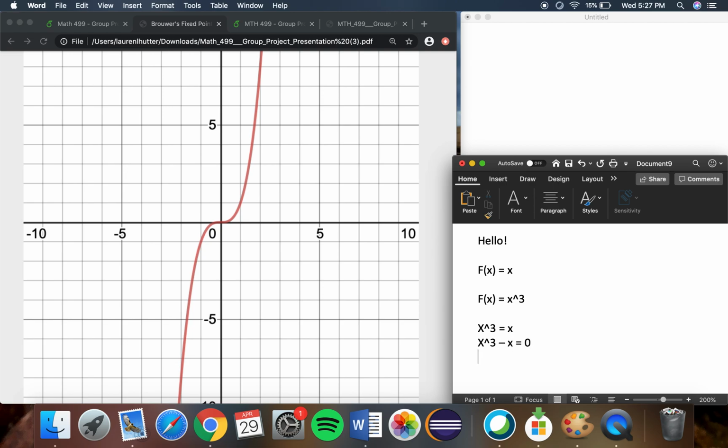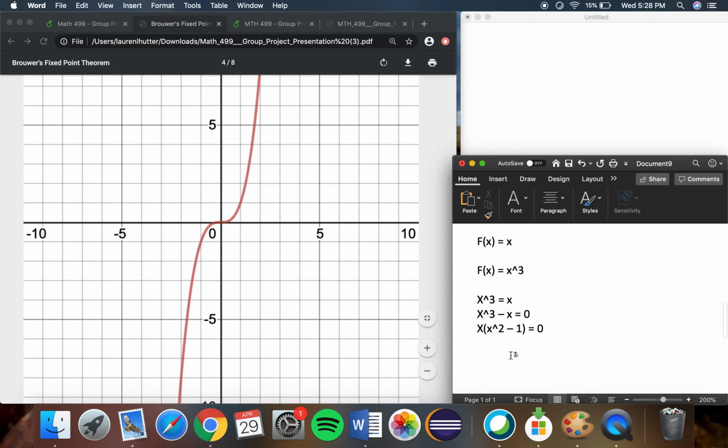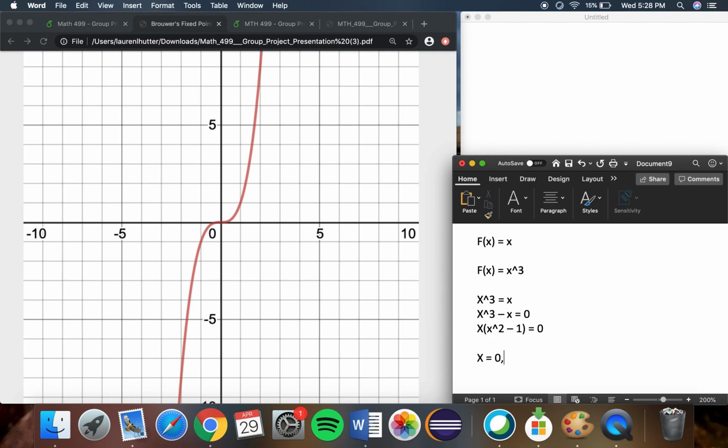And then I would simplify that, and I will get three solutions to this equation. So I get x equals 0, x equals -1, and x equals 1. Those are our three fixed points.